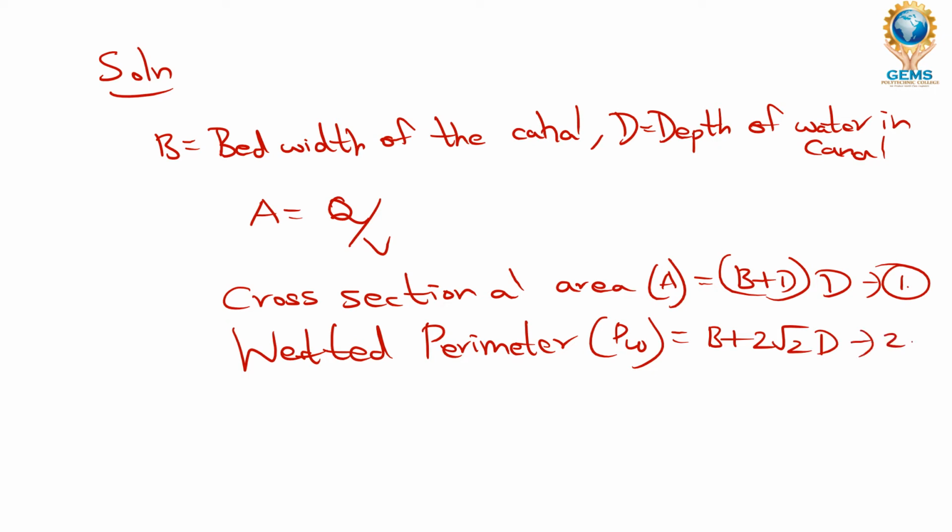Okay, this is our second equation. We know the discharge value already. The discharge value is 40, sorry, 40, and our velocity is 0.95. So the value will be 42.1. Our area is 42.1 meter square.